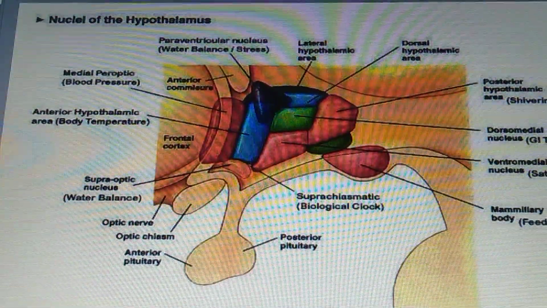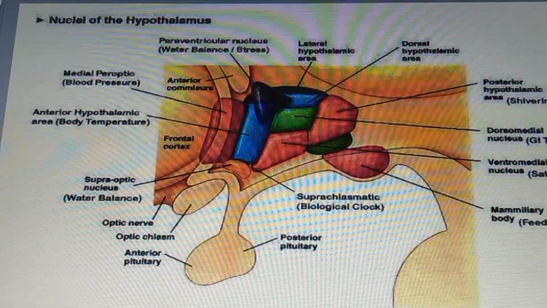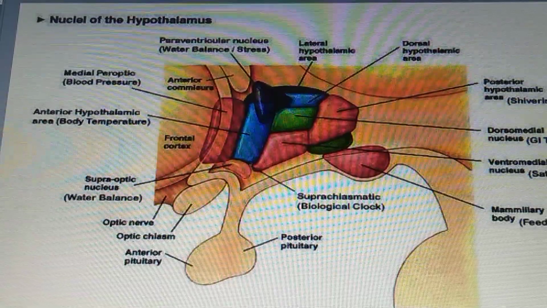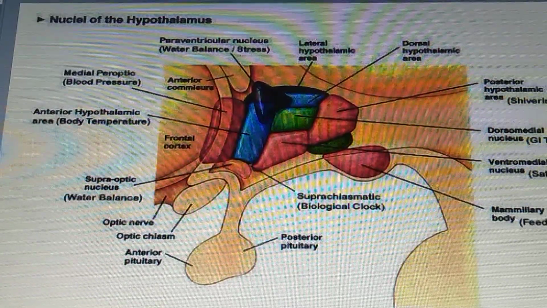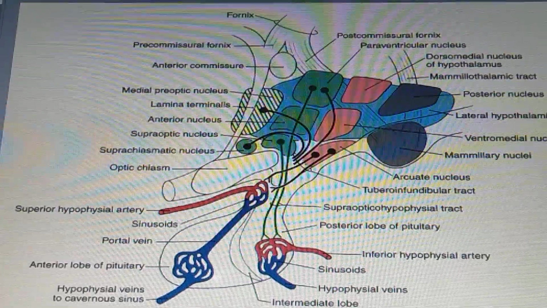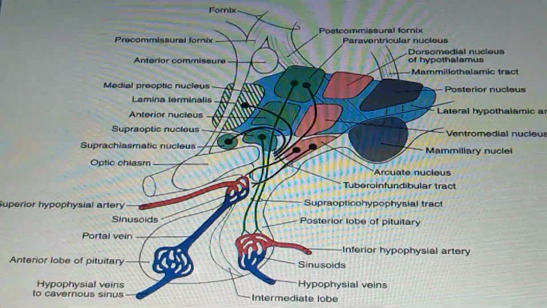Now, out of all these nuclei, the nuclei 3, 4 and 6, that is medial, are separated from the nuclei 5 and 7 by some fibers. In this diagram you will be able to see all the nuclei of the hypothalamus.